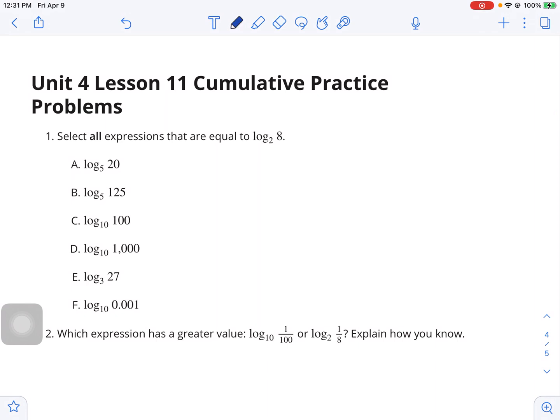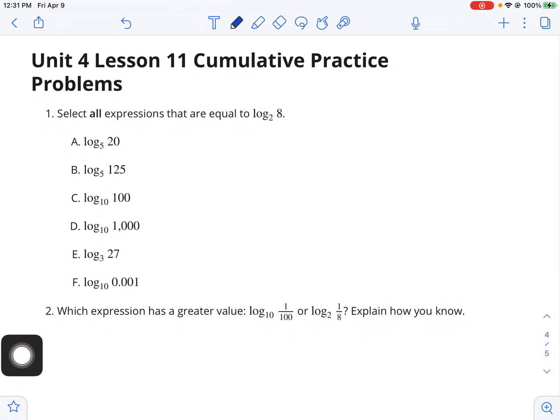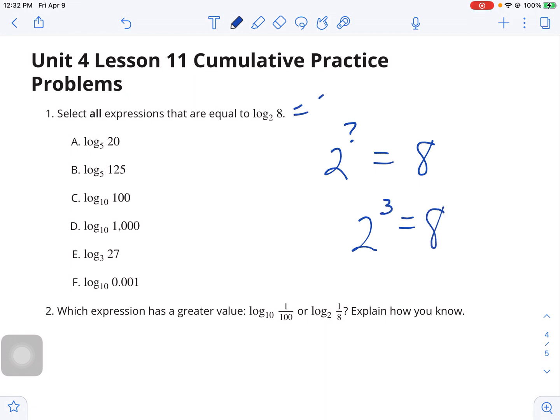Lesson 11, number 1, select all expressions that are equal to log base 2 of 8. So remember, we're looking for the exponent that you would use with base 2 to get 8. And we know that 2 to the third is equal to 8. And so anything that equals 3 here is an equivalent expression. So 5 to the what power gives you 20? I don't think that's going to be 3.